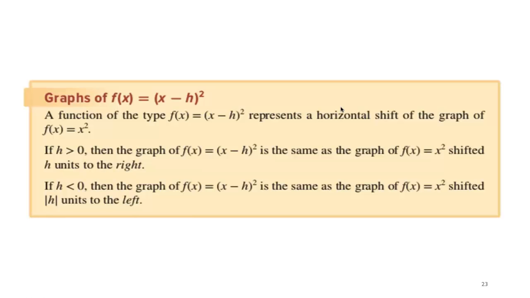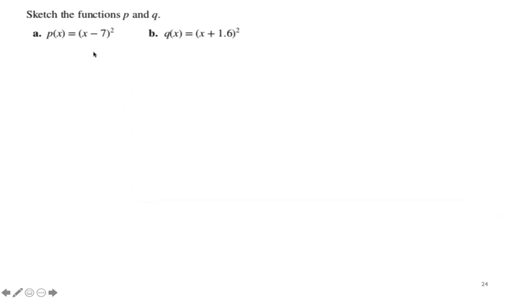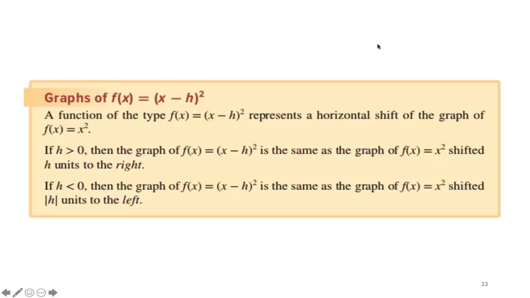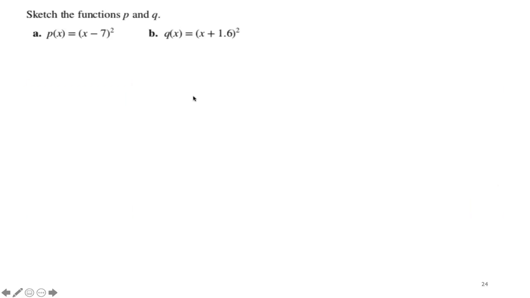Okay, the second part is x minus h, squared. This is going to move left or right by h. Notice before, the plus or minus was done outside of the square. You square and then you add 1, you square and then you subtract 2. But in this case, you subtract first, then you square. So the order is a little bit different here.